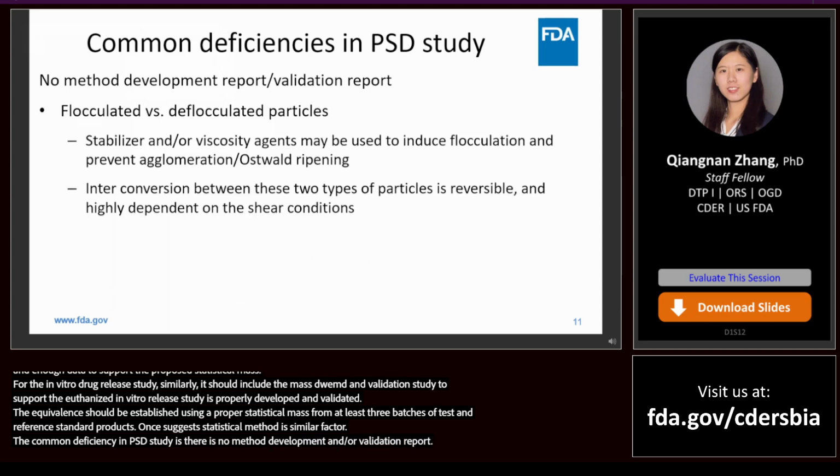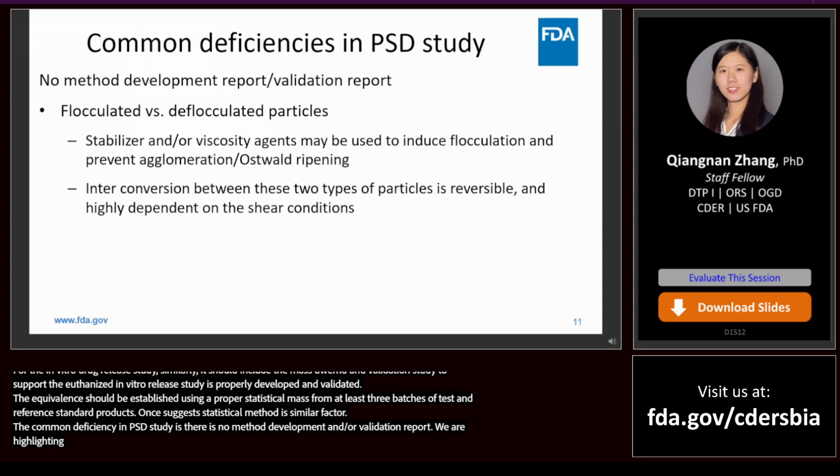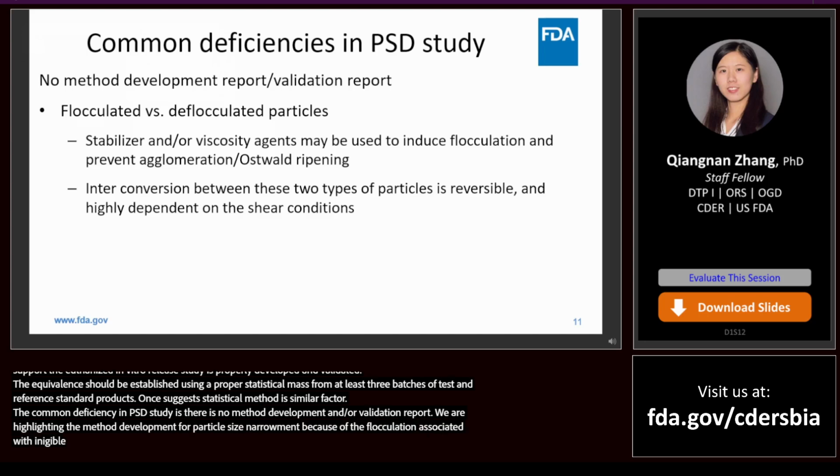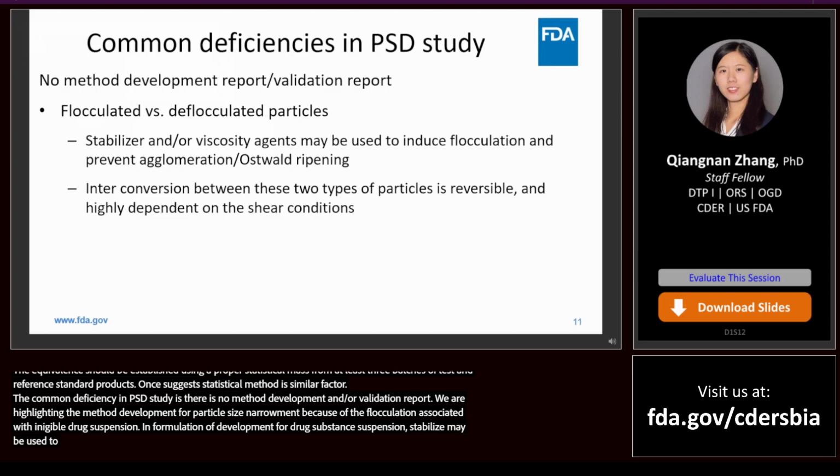We are highlighting the method development for particle size measurement because of the flocculation associated with injectable drug substance suspension. In formulation development for drug substance suspension, stabilizer or viscosity agent may be used to induce flocculation and prevent agglomeration or caking.